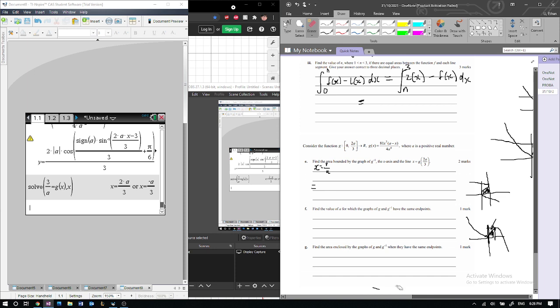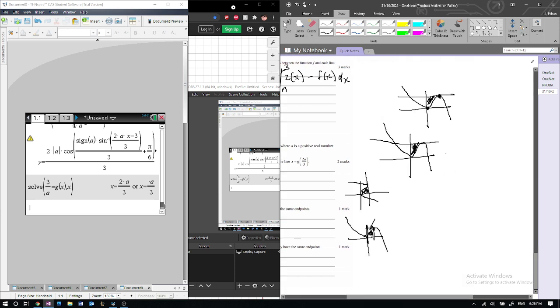So I can say that the area of that is the same as the rectangle. Let me just show you guys exactly. If I draw a rectangle, that area is equal to length times width minus the integral from 0 to 2a/3 of f of x dx. That's clear. So I'll go through the question entirely.